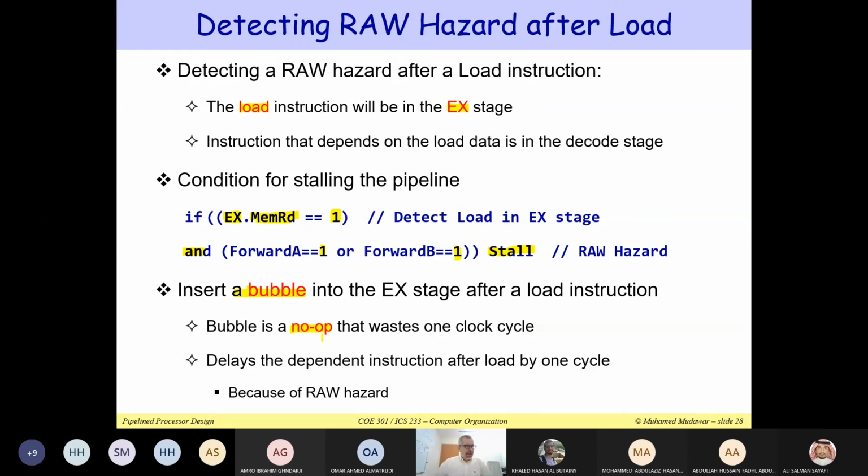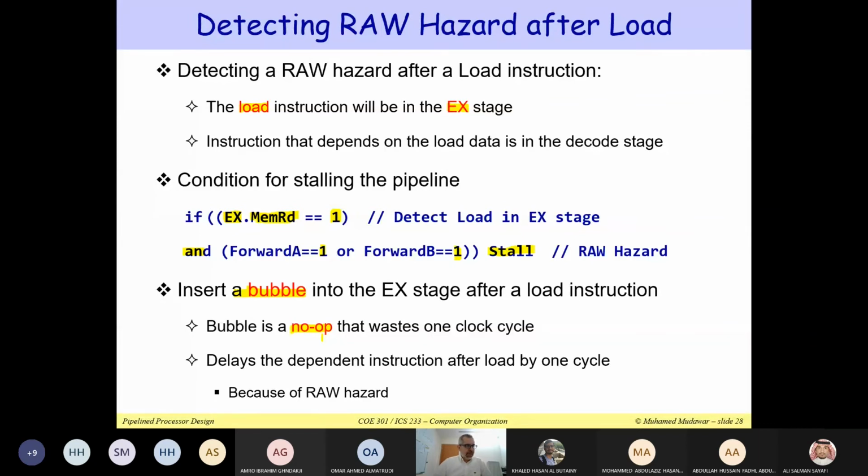As long as an instruction does not update any register in the register file, does not update the state of the pipeline, and does not write to the data memory, then this instruction has no effect on the pipeline. So if an instruction has no effect on the pipeline, we call it a bubble.